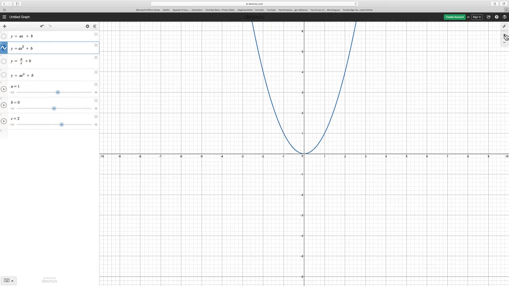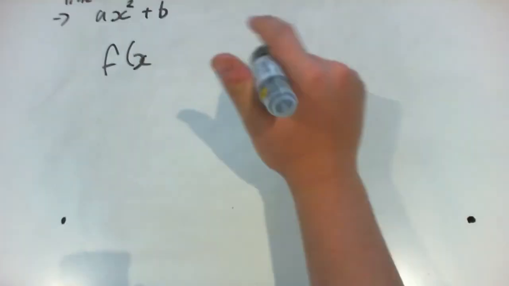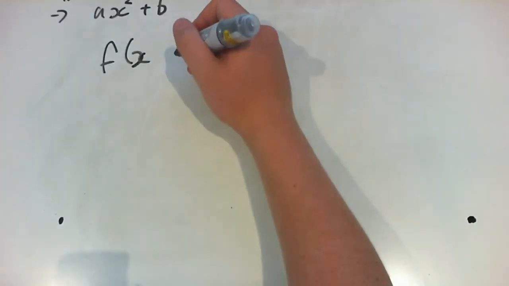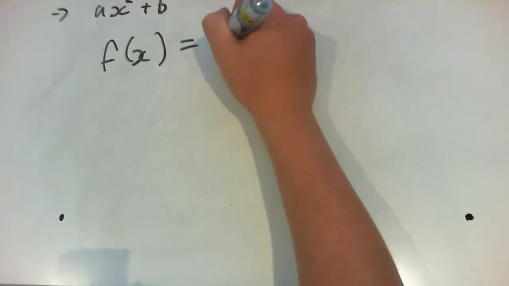And this function we call a parabola, but it's just a quadratic function or an x squared function. And all it means is that for this input, we want to make this number squared output. And so the function, if we look at it here, f of x equals x squared.